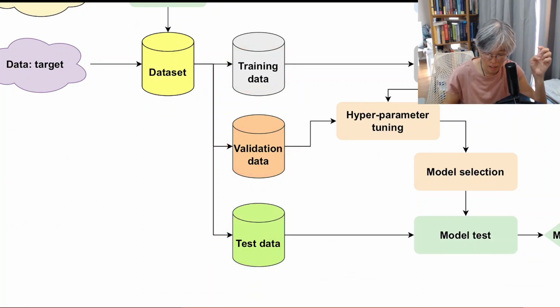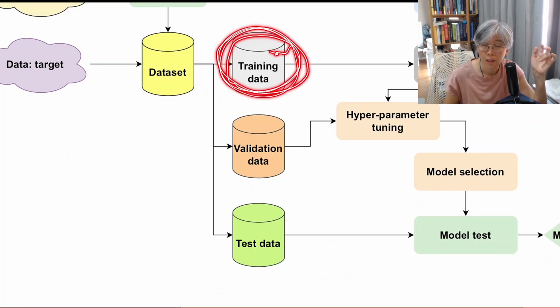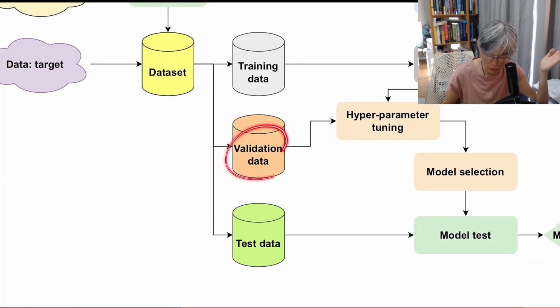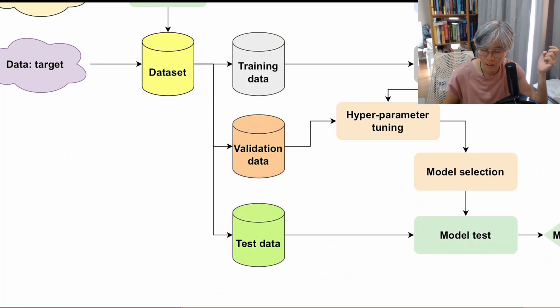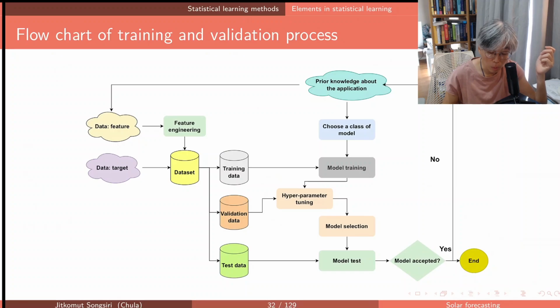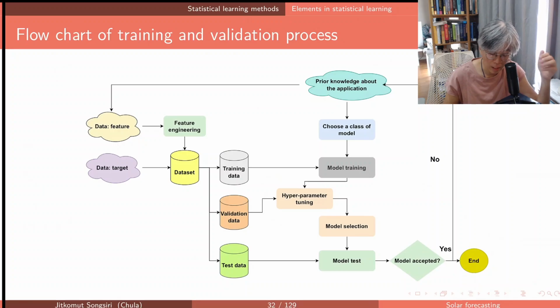There are some guidelines: use sufficient data for training, because usually the model requires a high number of samples. For validation and test, you can use less. But one thing you need to make sure is that the distribution of the data hidden in each of those data sets should align.